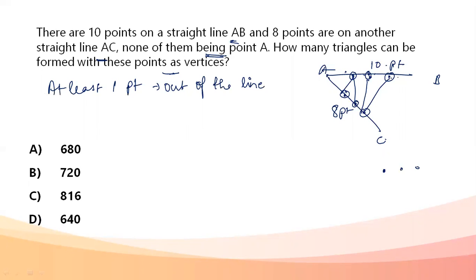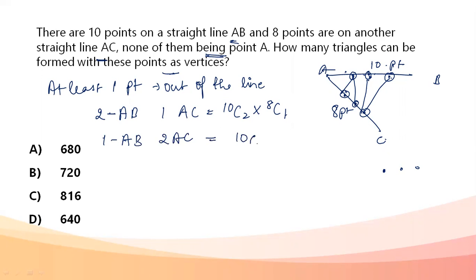So number of triangles, first case that we considered, 2 points from AB and one from AC, becomes 10C2 into 8C1. Next case, 1 point from AB and 2 points from AC, becomes 10C1 into 8C2.